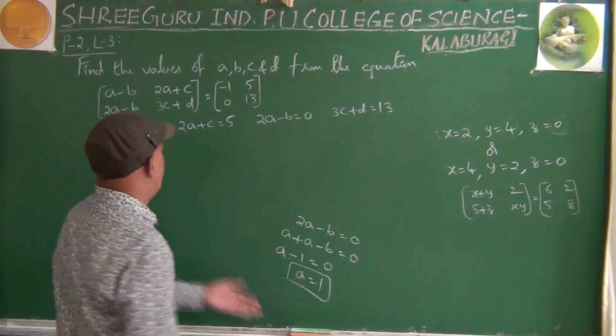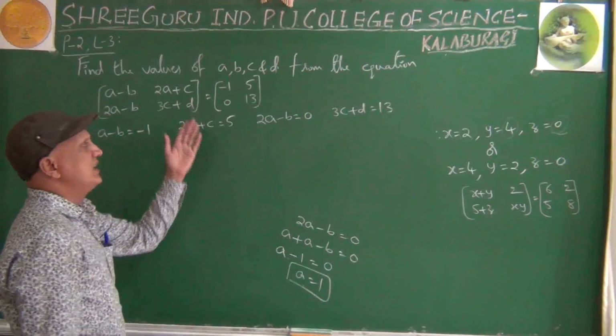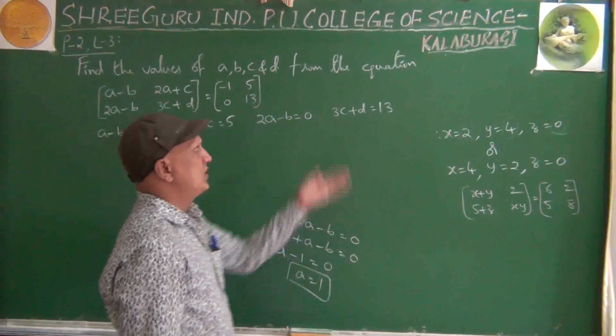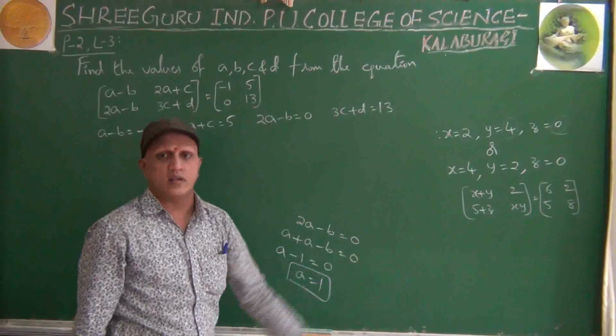So a equal to 1. Put a equal to 1 here, we get the b value. Put a equal to 1 here, we get the c value. Put the c value here, we get the d value.